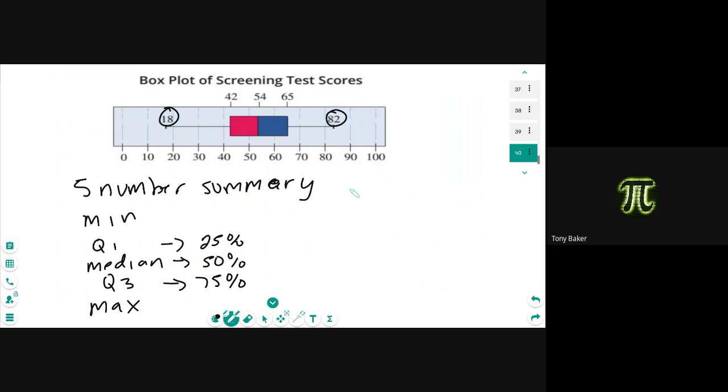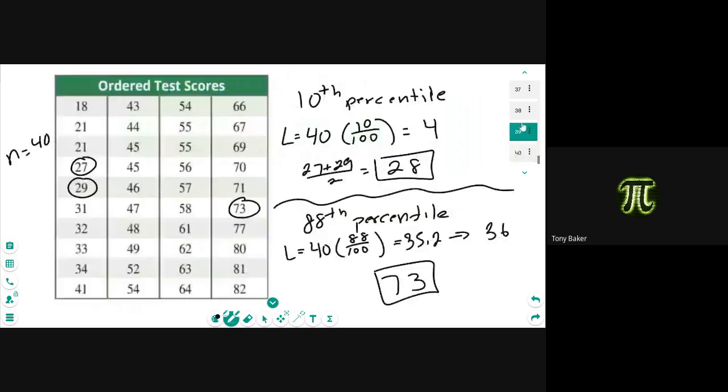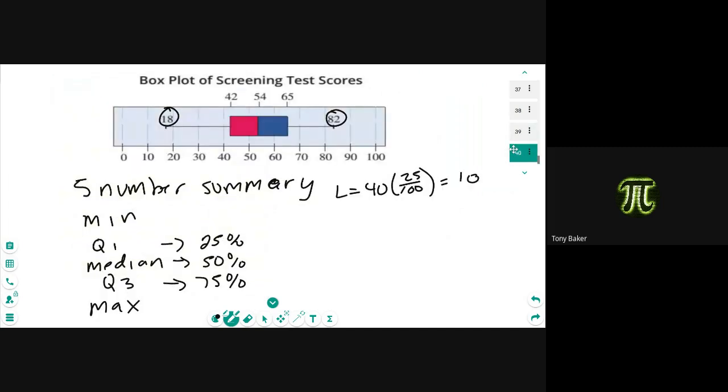So if we did L is 40 times 25 over 100, you get 10. So we're looking at the 10th and 11th numbers, which is 41 and 43. So that's where that 42 came from.